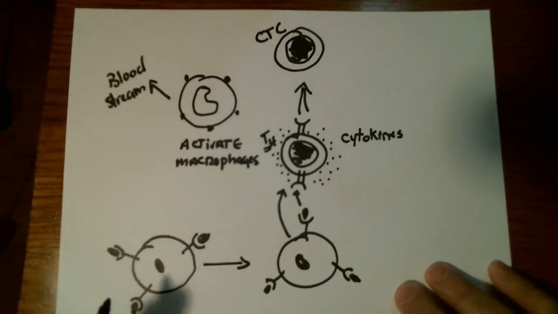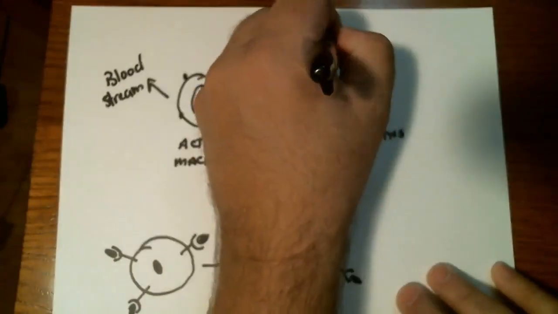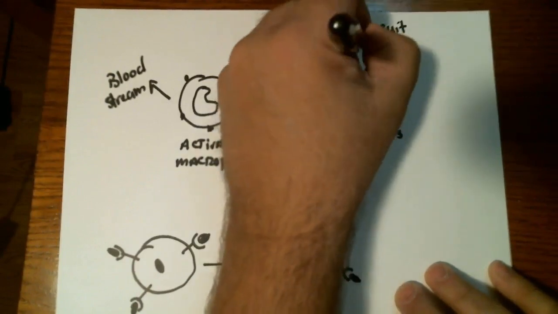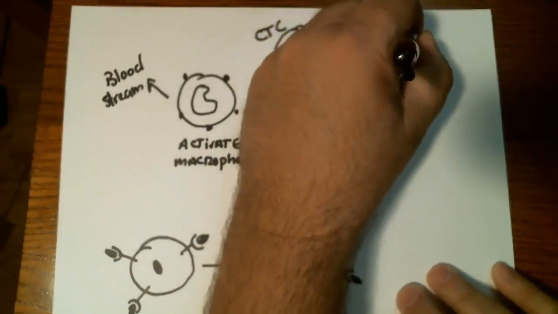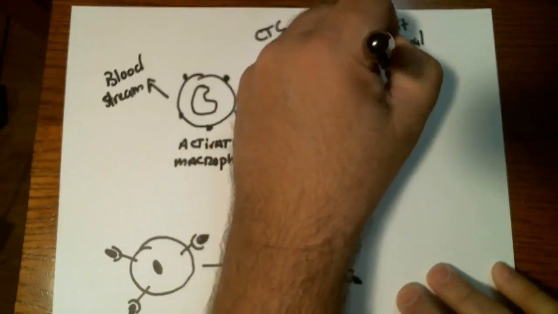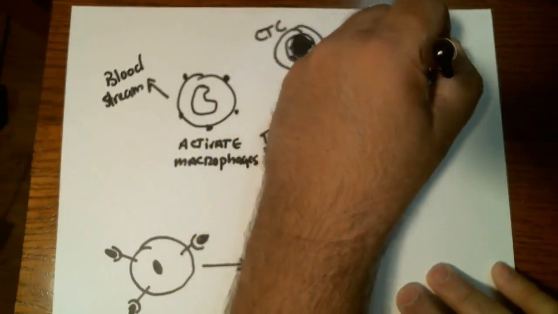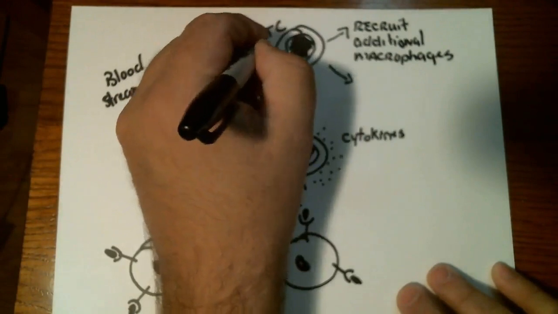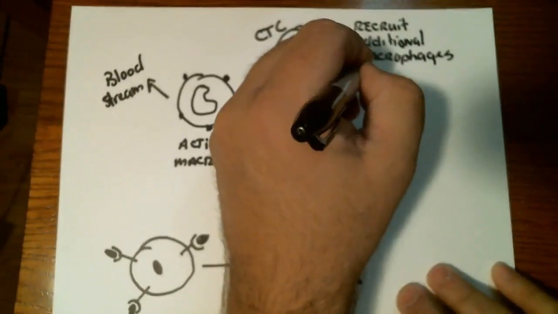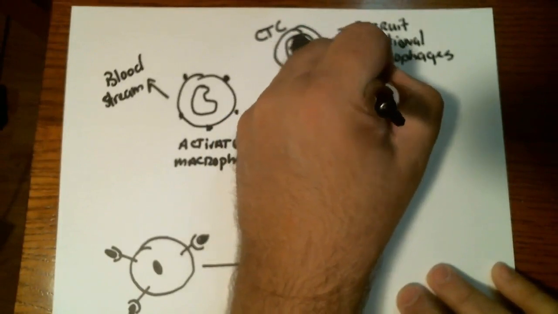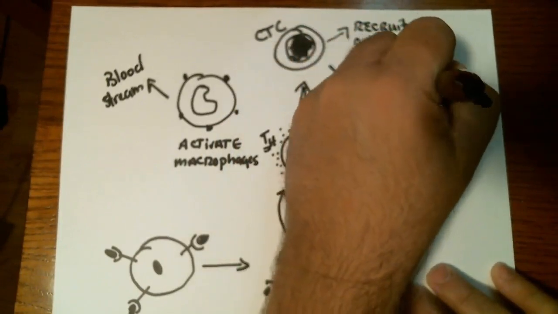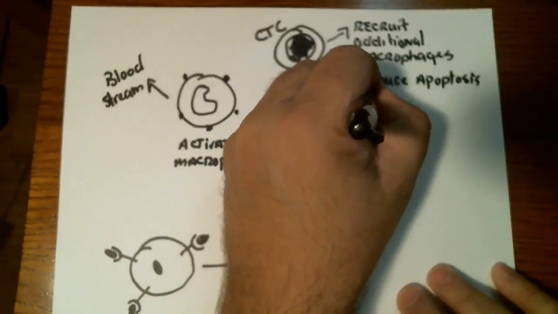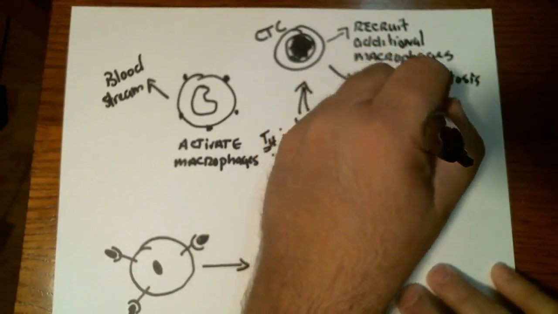Now, once the cytotoxic T cell forms, it'll do one of two things. It will either recruit additional macrophages, which will be stimulated by the cytokines, or another job of this cytotoxic T cell is to induce apoptosis of the APCs that are coming in.